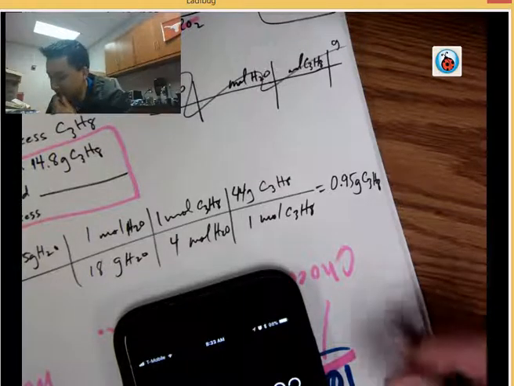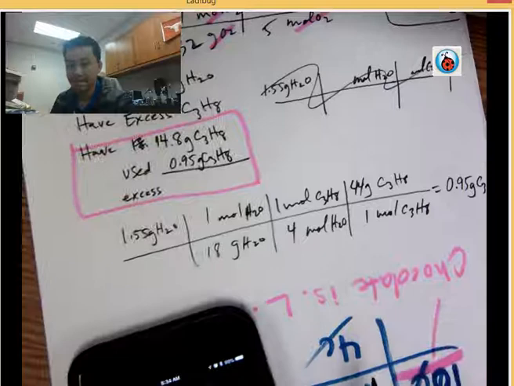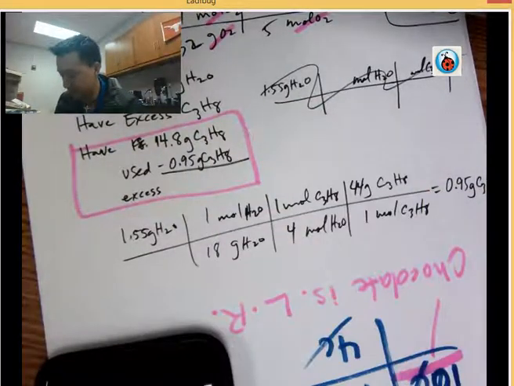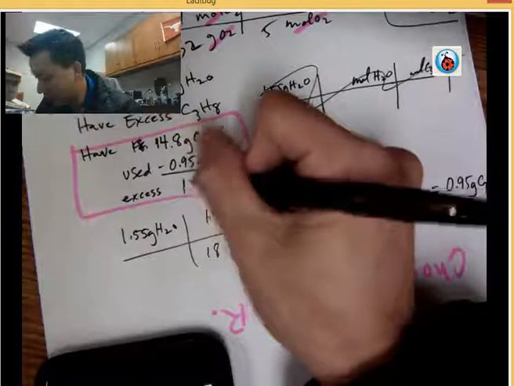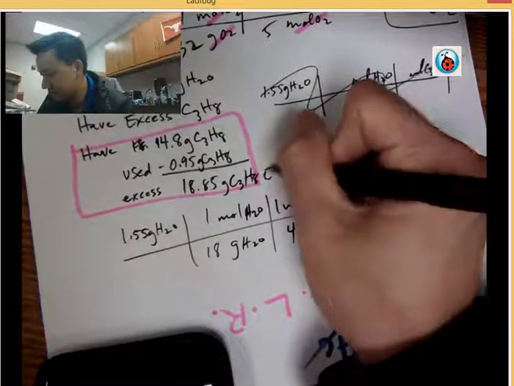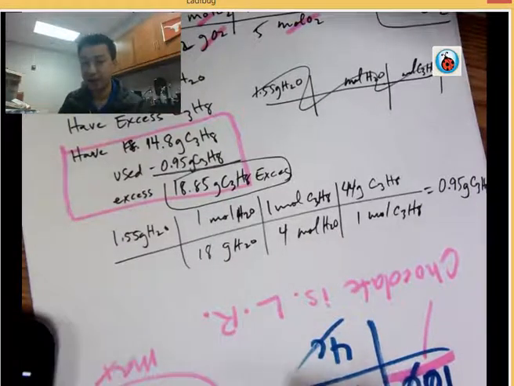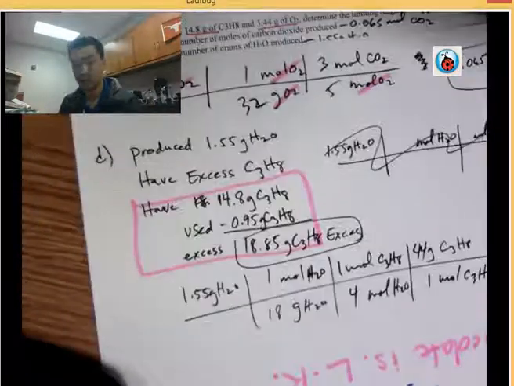Isn't that crazy? So if we only use that much, 0.95 grams of C3H8 used, subtract it and you'll find the excess. 14.8 minus 0.95, and you get 13.85 grams of C3H8 excess. Okay. That answers part D. A lot of work here.